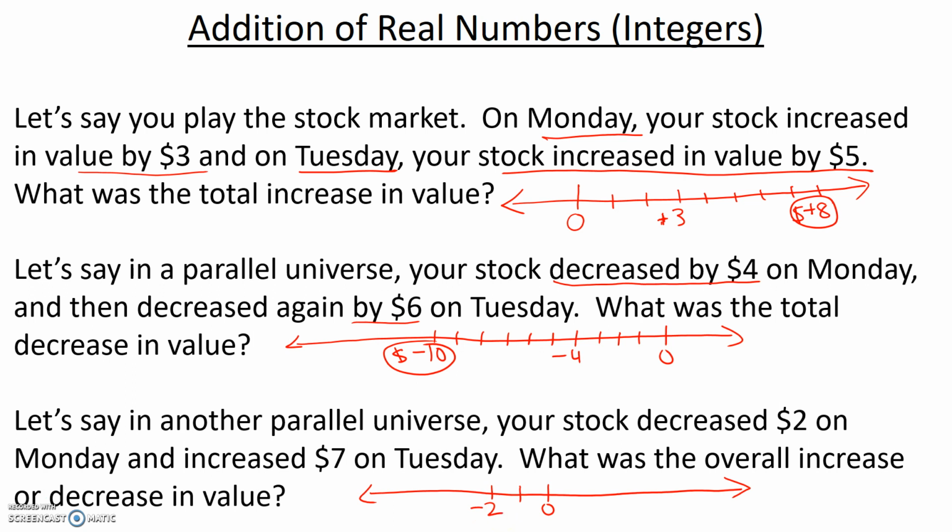On Tuesday, the stock increased by $7, so if it increases, we're going to go in the positive direction. 1, 2, 3, 4, 5, 6, and 7. Let's count where we ended up on Tuesday. +1, +2, +3, +4, and +5. So overall, your stock increased by $5.